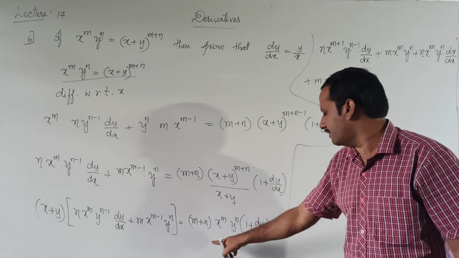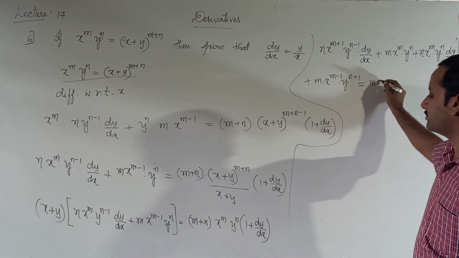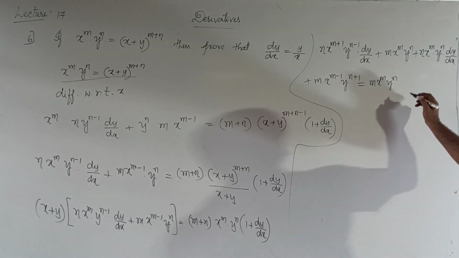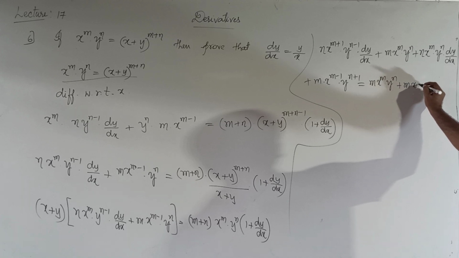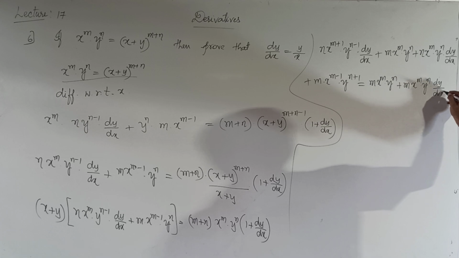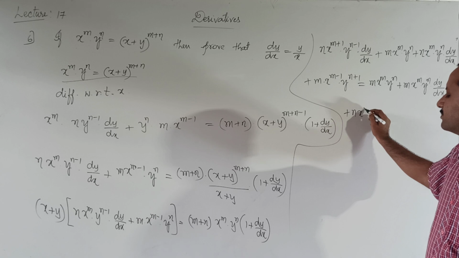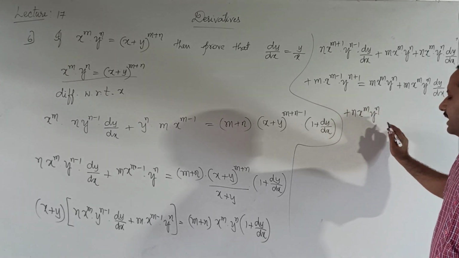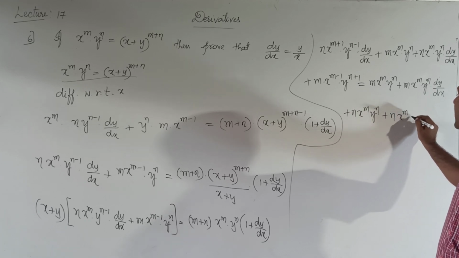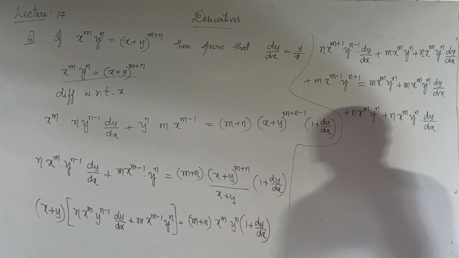Now here also I will multiply m into x power m y power n plus m into x power m y power n into dy by dx plus n into x power m into y power n plus n into x power m into y power n into dy by dx.